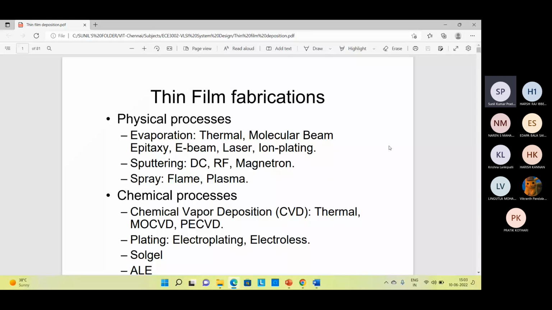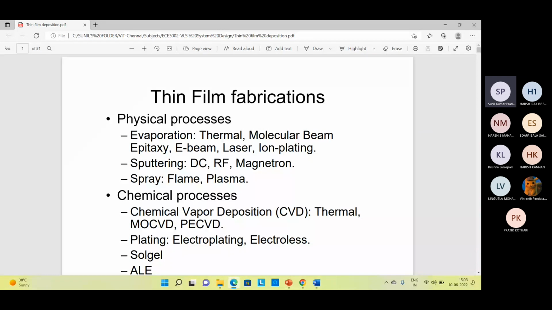Now, in order to fabricate this kind of thin film, we need to adopt some processes. What are the processes? They are categorized broadly into two: the first is physical processes, and the second is chemical processes.